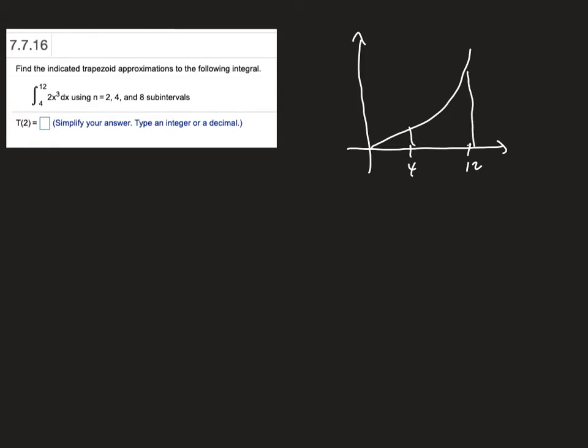So the area that I'm looking for looks like this, and my function is 2x cubed. So let's do 4 again. 8 is a bit much, honestly, but 4 is not too bad.